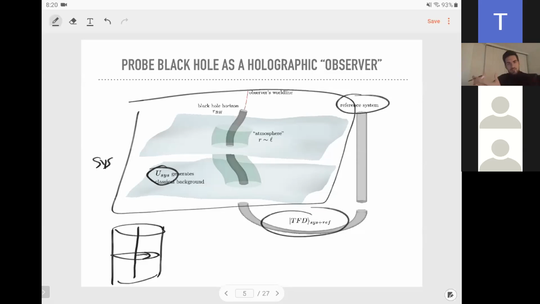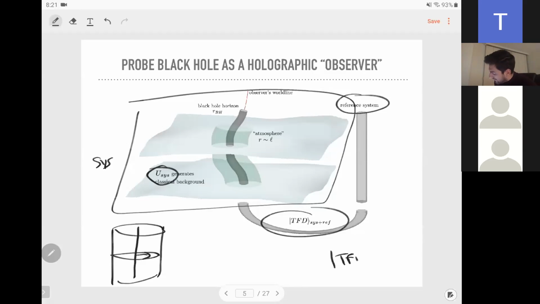And then the rest of the unitary, its role is to generate whatever classical background I would like to explore. So I first take the black hole out towards the asymptotic boundary, and then I act with a unitary that creates whatever spacetime geometry I want to explore.